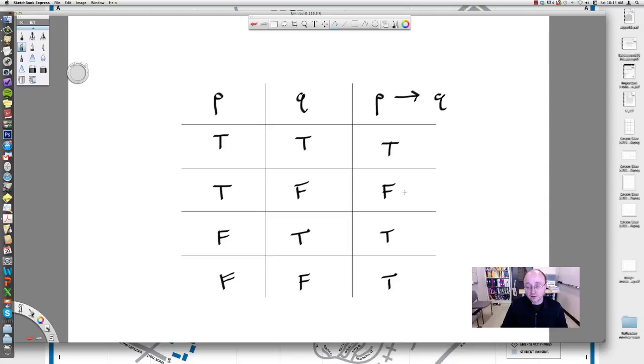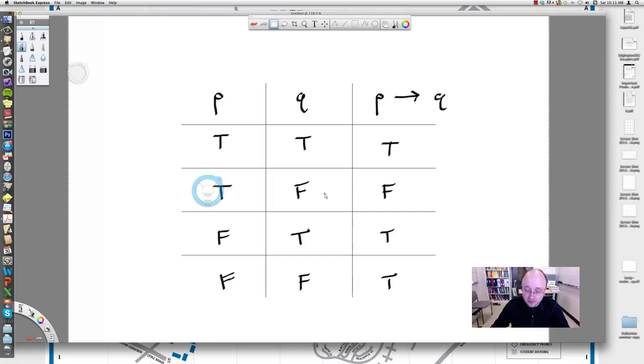Sometimes we call the first part the antecedent and the second part the consequent. So stated in those terms, the only way for the conditional to come out false is if the antecedent is true and the consequent is false. That is, the only way for the material conditional to come out false is if you go from true to false, going from the antecedent to the consequent. Okay, and again, you just need to memorize that.